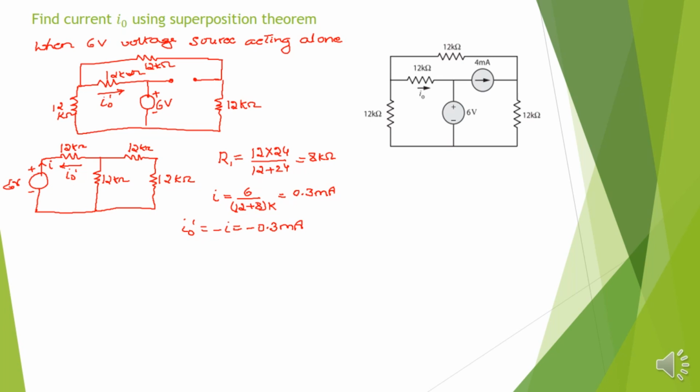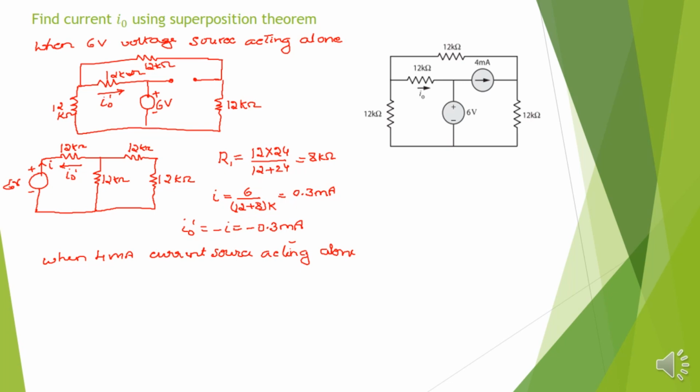Now next, when the 4 milliamps current source is acting alone, what happens to the network?